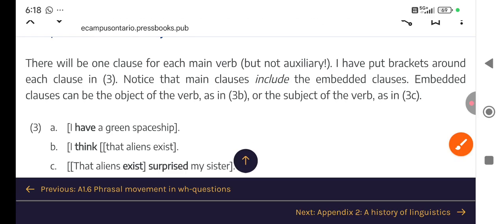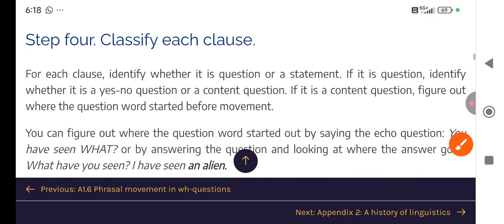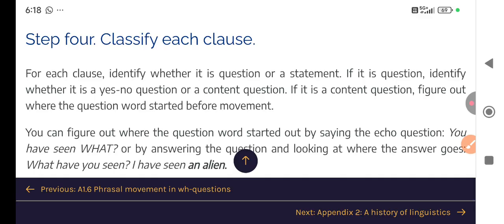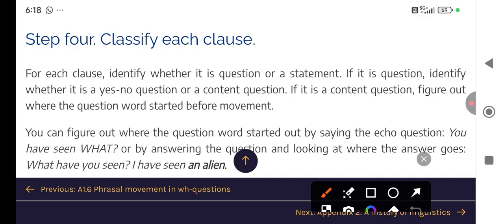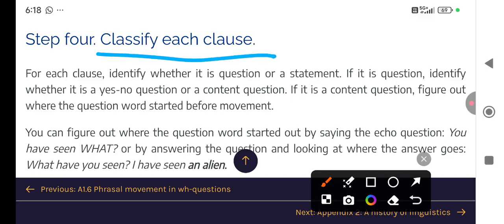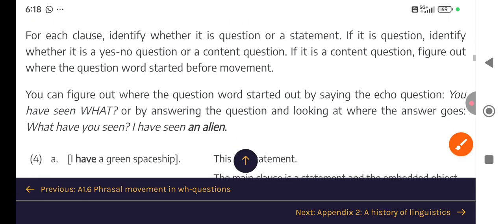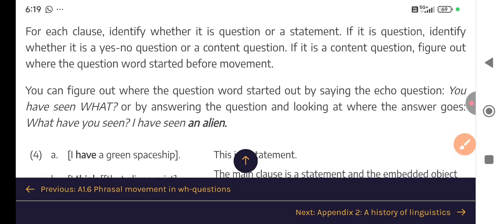Okay. Moving to the fourth step. The fourth step is to classify each clause. Now we have to classify, that is, identify. Now you have to classify each clause. Okay. For each clause, identify whether it is a question or a statement. If it is a question, identify whether it is a yes-no question or a content question.